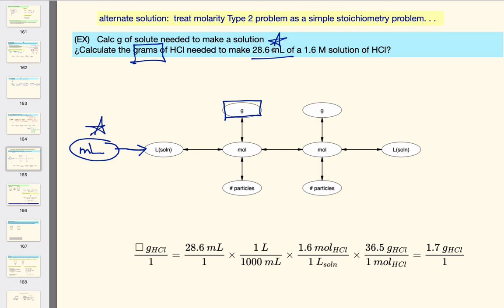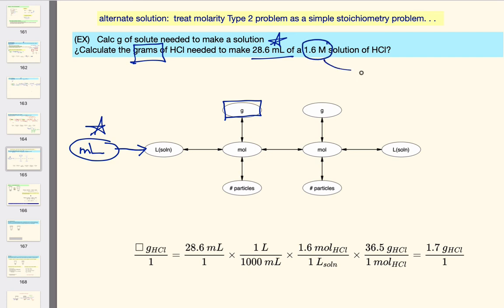For stoichiometry problems, we almost always start with one of the following: some grams of something, some volume of something, some number of particles, or some number of moles. One of those four items is going to be where our star is. In molarity type 2 problems, it's almost always on the volume component. 28.6 milliliters of a 1.6 molar solution.